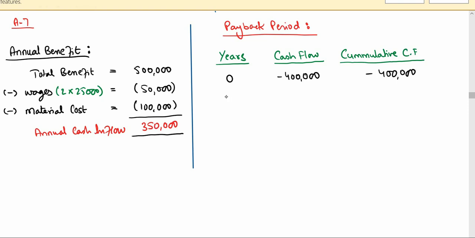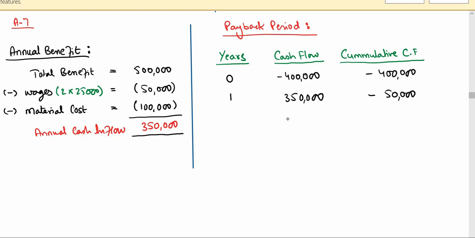For year 1 we will earn 350,000, so we write 350,000 here. Minus 400 plus 350, so the answer will be negative 50,000. It is still negative, and we know that in the payback period we reach positive values.